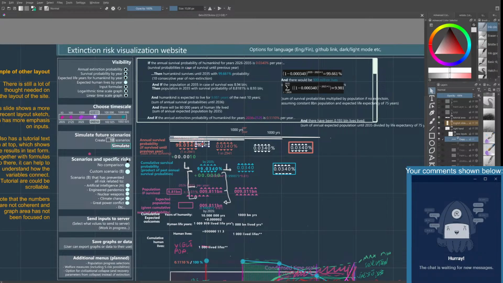And then I would have this one here, this one in here. So these are now different years.